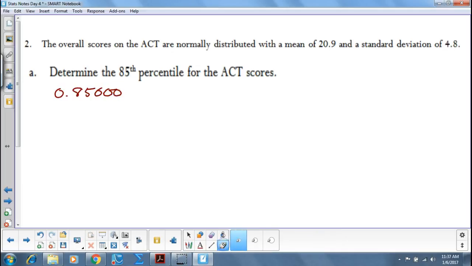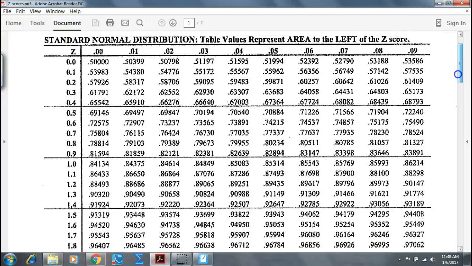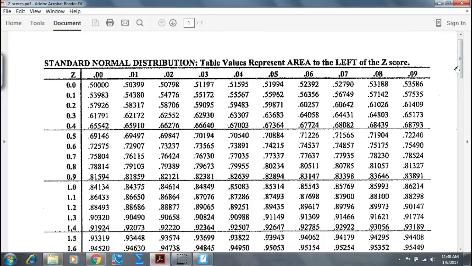I can do better than that. See, I told you I could do better. So, looking on the chart, I'm kind of liking 1.04. 1.04 is 83 above.